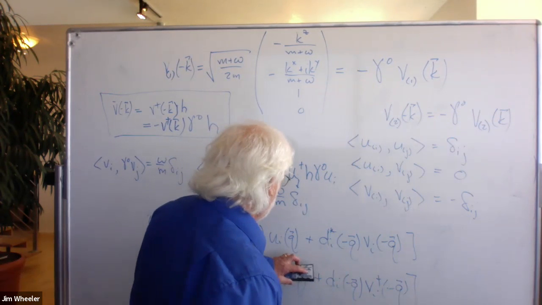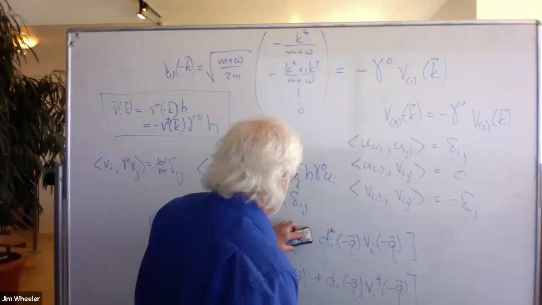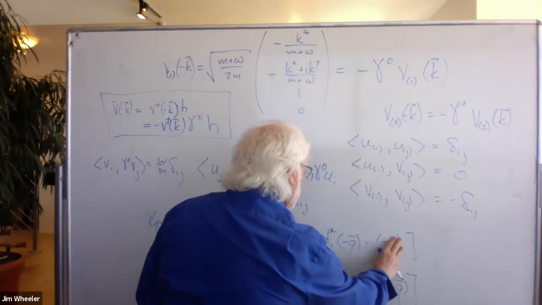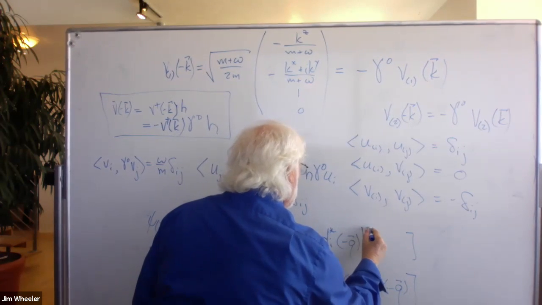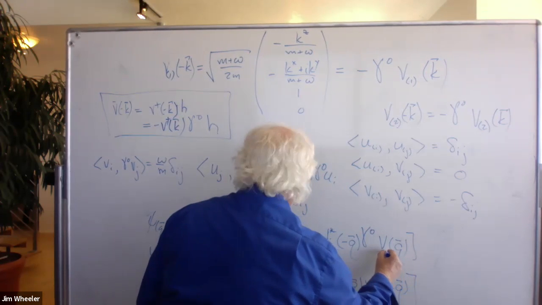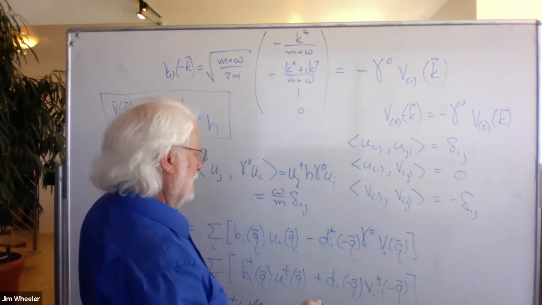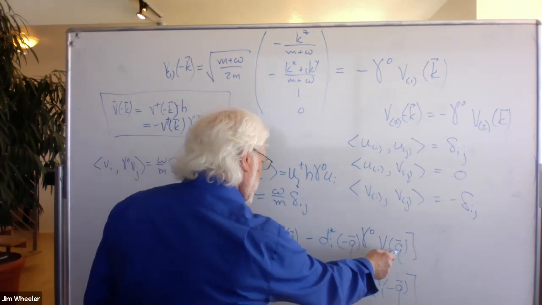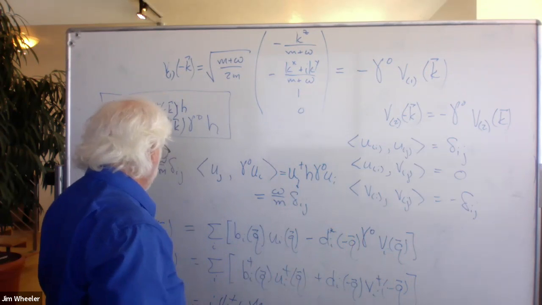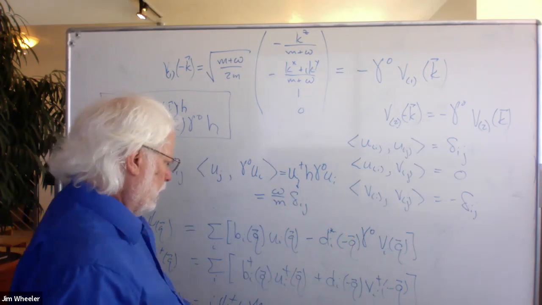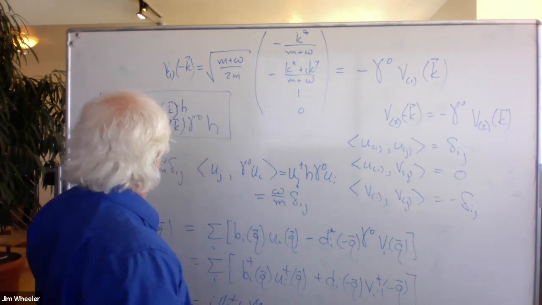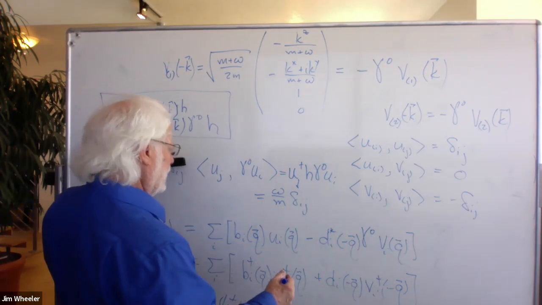So let me put that in. This is going to become a minus, and then we have gamma 0 V of Q. Now, the I of Q, we got the minus, change the sign, put a gamma 0. And that's just a function still. So now we do the same for this one. And V dagger, we've got that here.